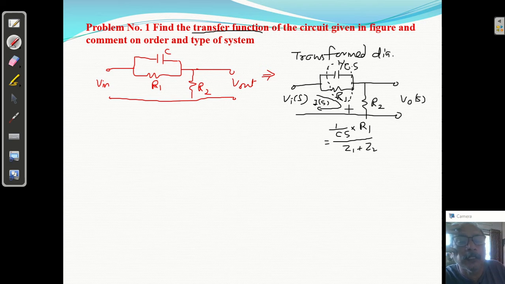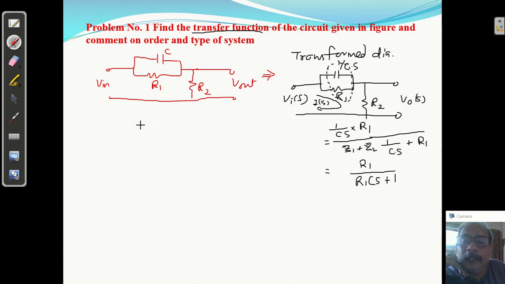Sorry, Z1 is 1 upon C into S, plus R1. After taking LCM, this 1 by CS and this CS will be cancelled, so you will get R1 upon R1 CS plus 1. Now you can modify this diagram like this.